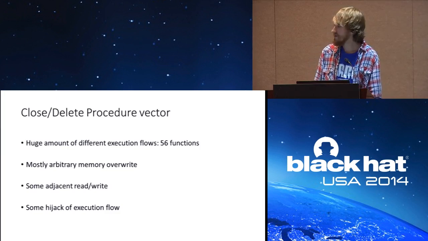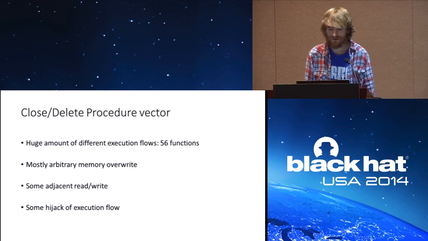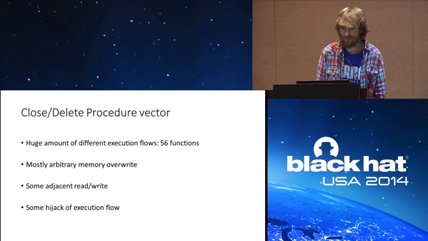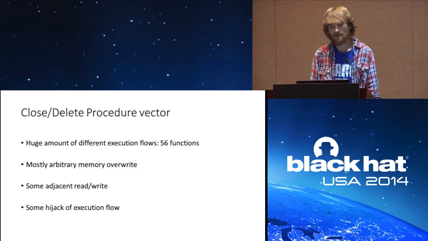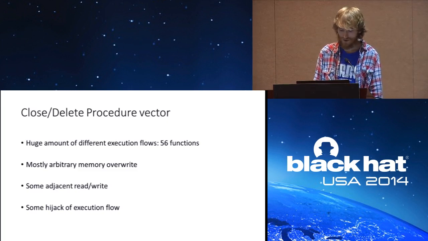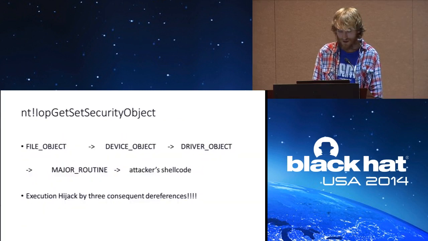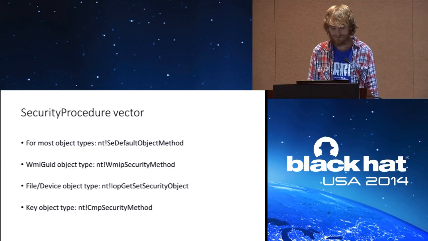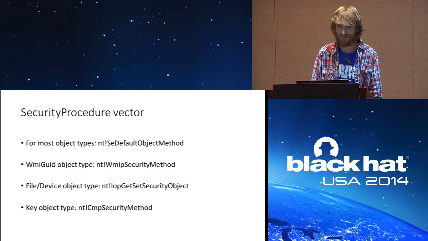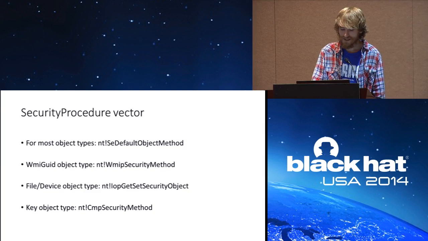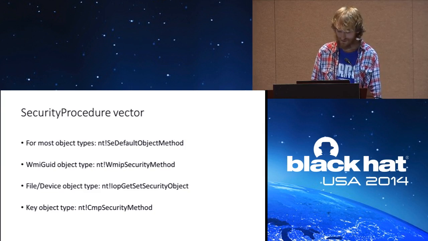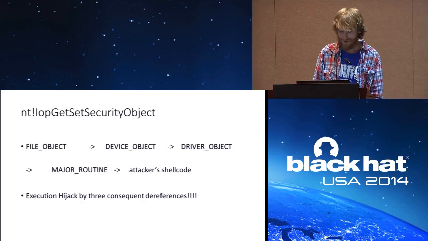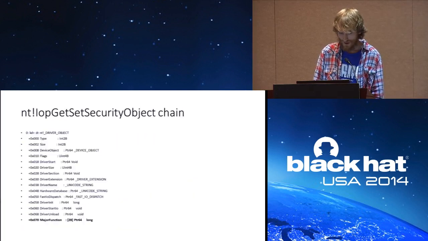There are 56 functions, so 56 execution flows, mostly leading to arbitrary memory overwrite, some to adjacent read-write, and some to hijack of execution flow. For example, the key object type is one of the most powerful object types for exploitation. For example, CmpSecurityMethod also leads to hijack of execution flow, and also to different primitives like write and read.